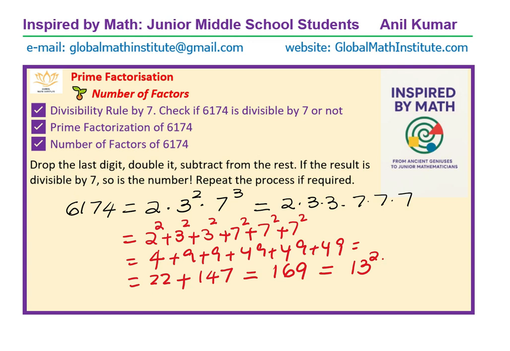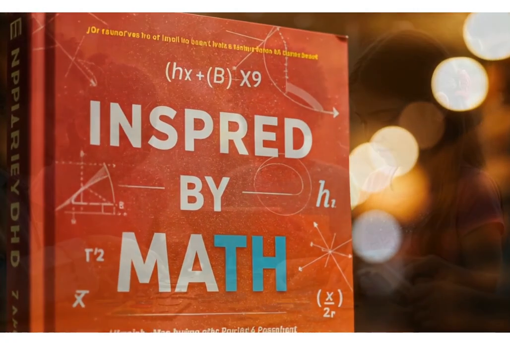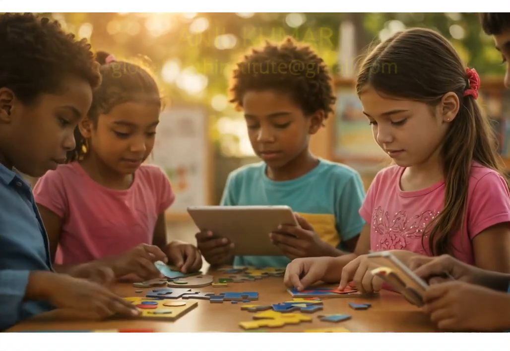And that's what we are going to do in our book, Inspired by Math. That is where the curiosity of the students gets built up and the creativity comes up with critical thinking. I hope you are going to enjoy the book as we are enjoying building it up. The book will soon be in the market. In the month of September 2025, we are going to release it.